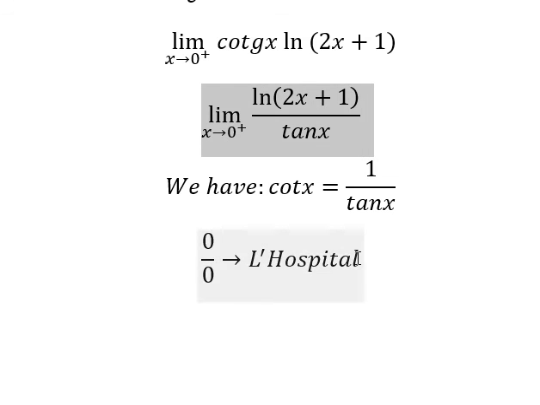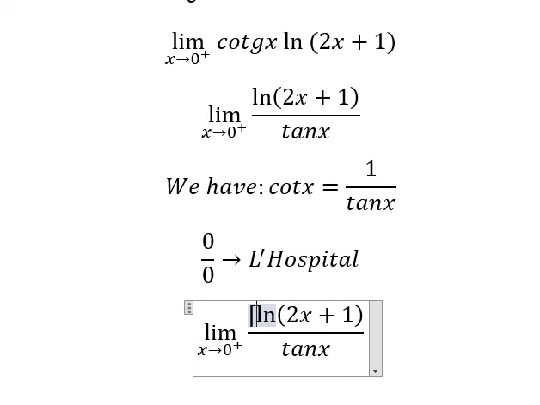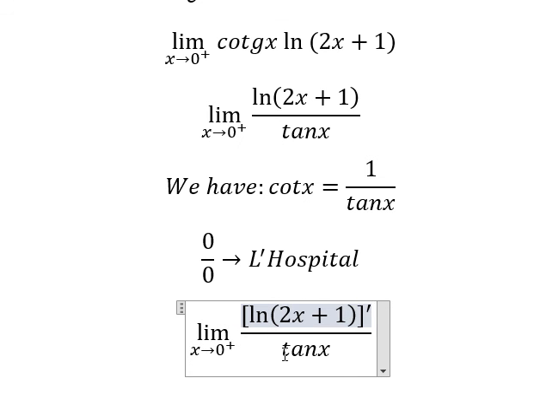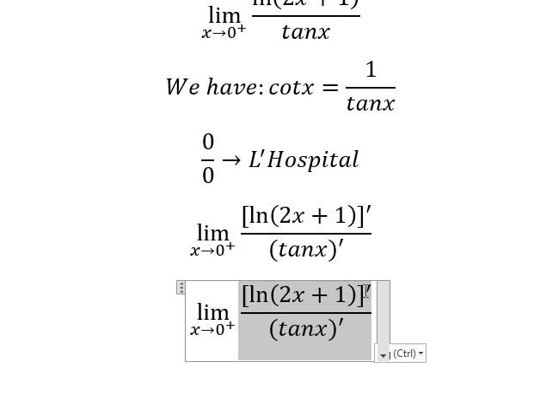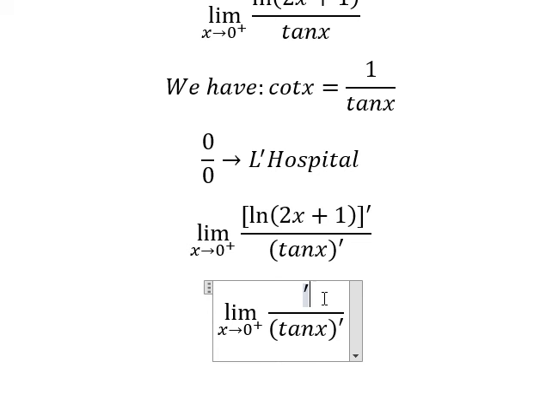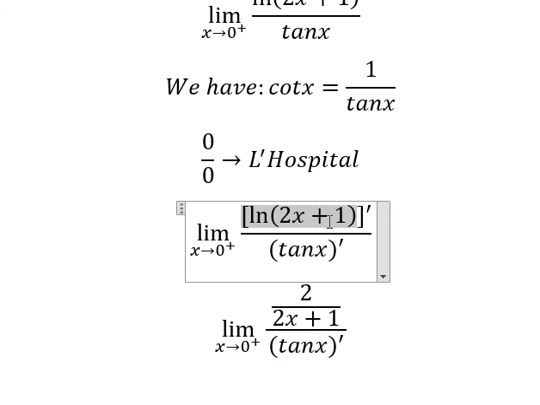So we need to first do the derivative on the numerator and denominator. So this one we have 2 over 2x plus 1, after we do the derivative of ln of 2x plus 1.